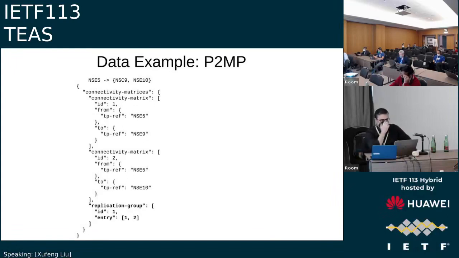And here we're trying to go from NIC5 to both, I think it's a typo, the 9 and the 10. Then we have the two IDs, 1 and 2, we group them together. So we have this entry list, 1 and 2. Then we achieve the replication, and then it's a P2MP.